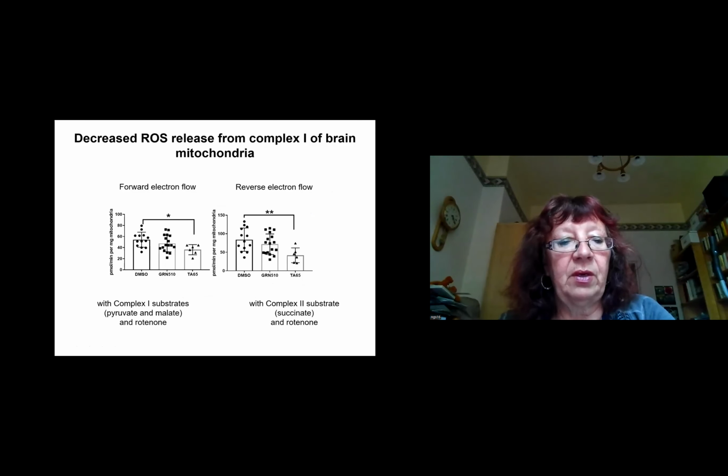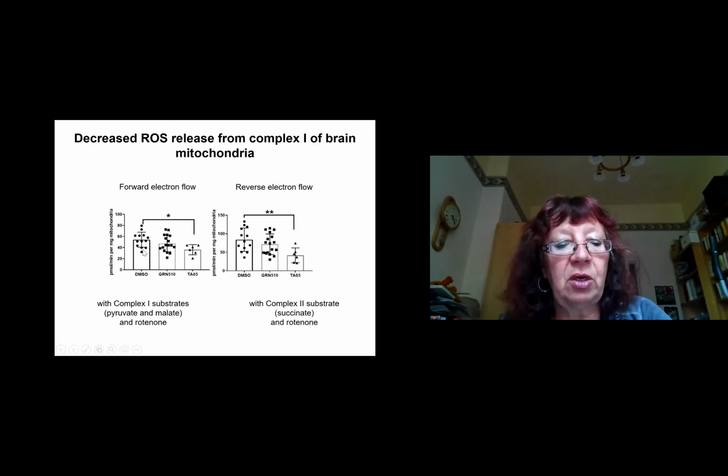So since you remember in the very beginning, we were interested in the mitochondrial localization of the TERT proteins. So we also looked for this here. We didn't discriminate between sexes here. So we isolated the mitochondria and did an Amplex Red test, which measures the H2O2 release from those isolated mitochondria.